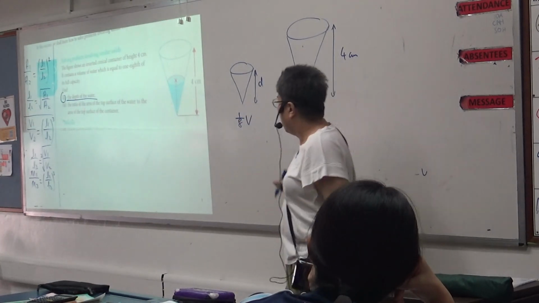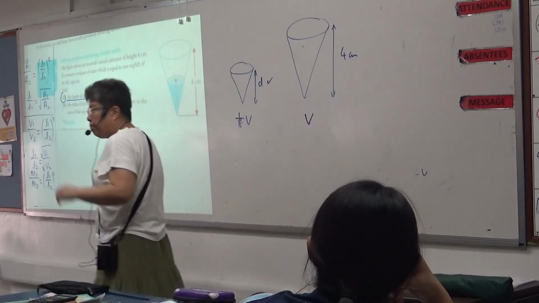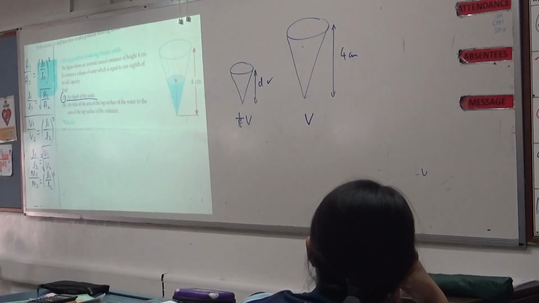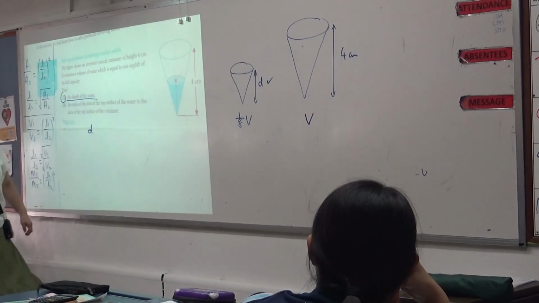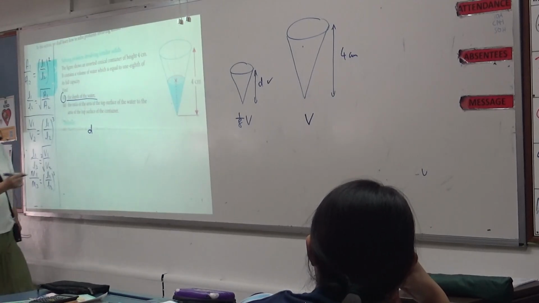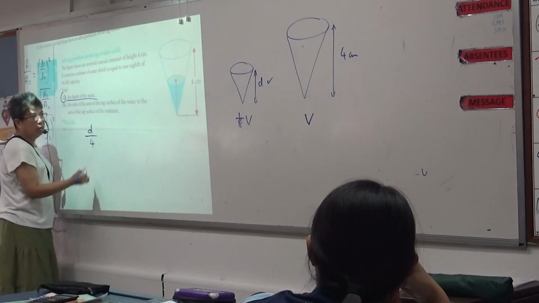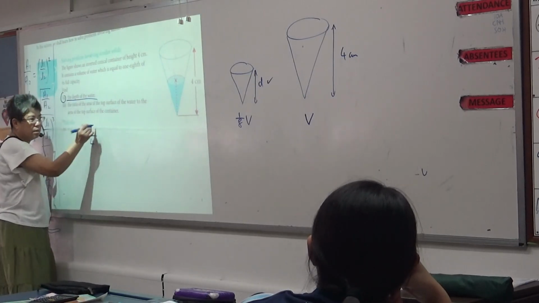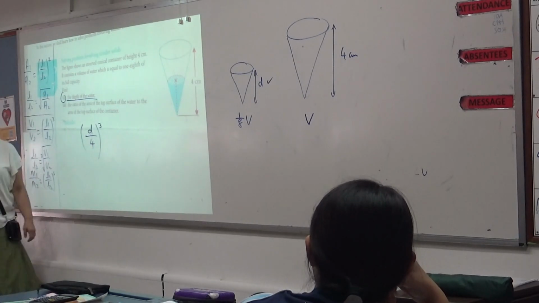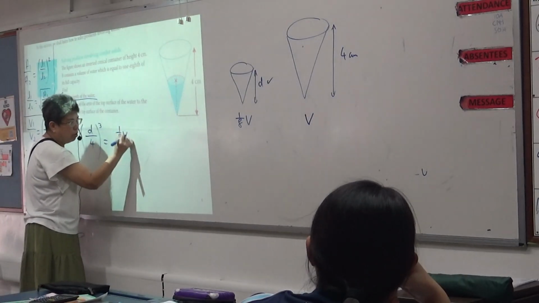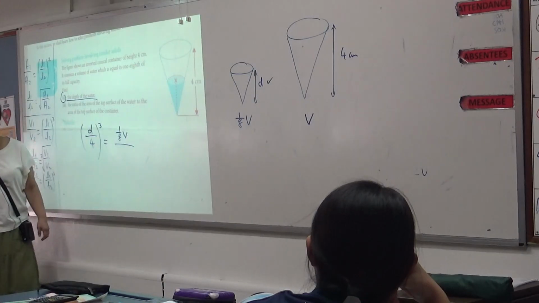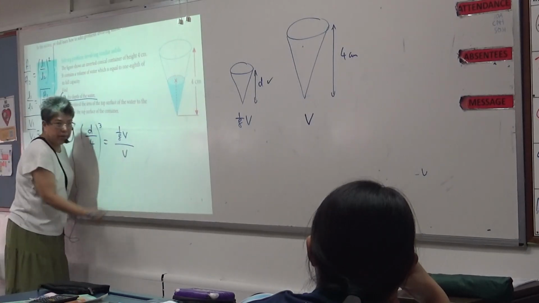Okay, now, I'm going to find D. All of you listen up. Can you tell me what I write? D over what? Don't look at the textbook. D over 4. This one I must keep right. Is equal to what? 1/8 B over B, right?